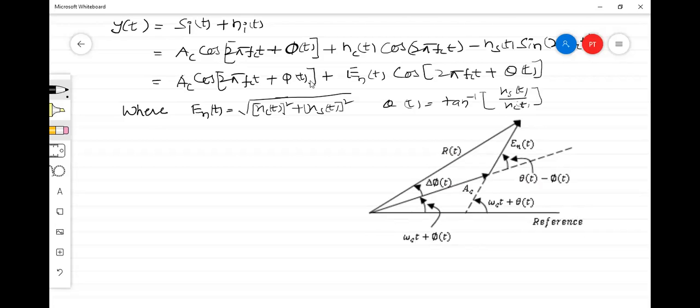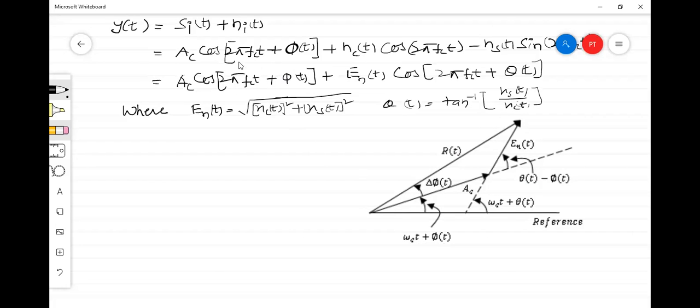First, we take up an FM signal. An FM signal is a phasor whose angle is changing with phi of t. That means this is a rotating phasor, represented like this, whose magnitude is Ac, and rotating with the angle omega c t plus phi of t.